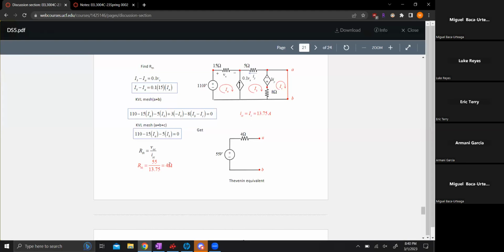What they do, they put the VOC and then they put the open circuit current in that one. So basically you're solving for IC in this case, which would be 13.75. And then with that, that gives you your Thevenin resistance.